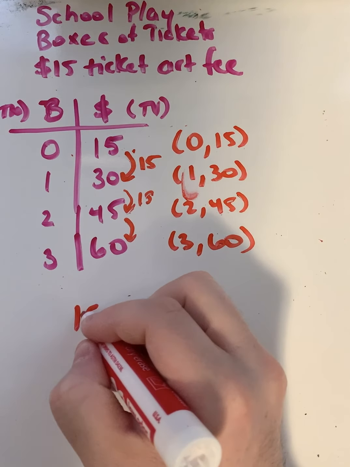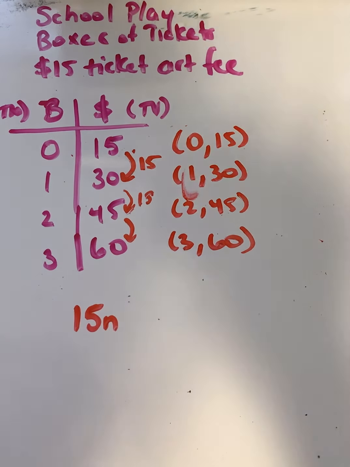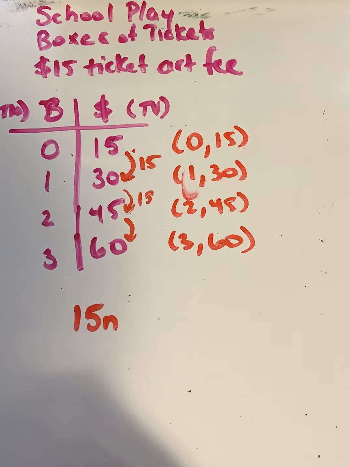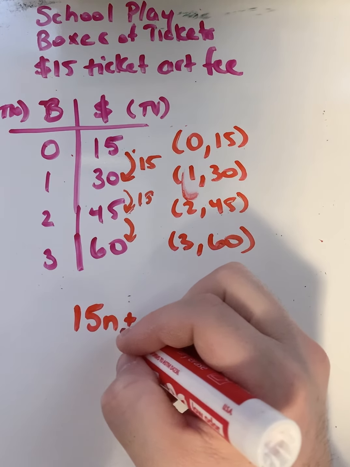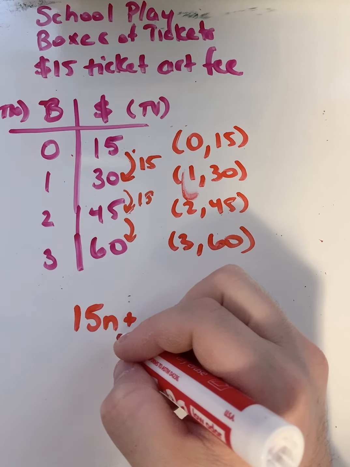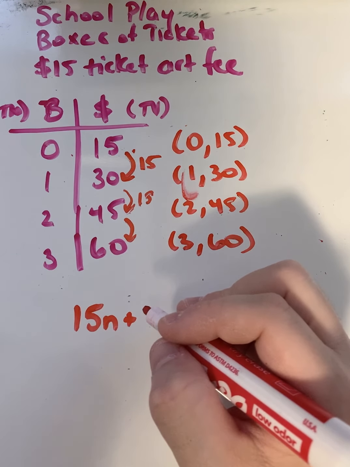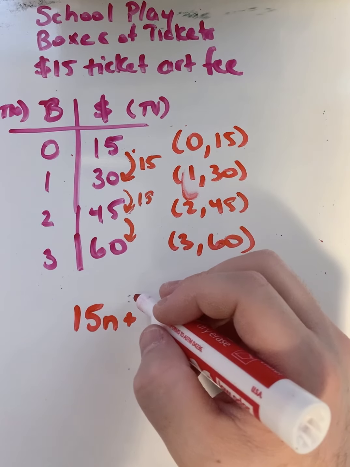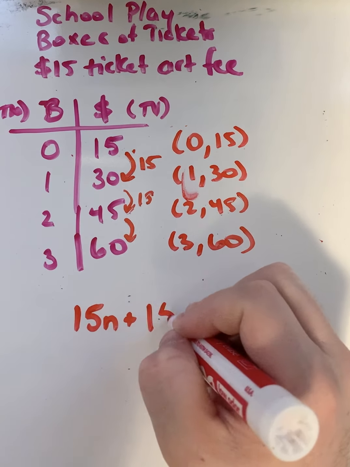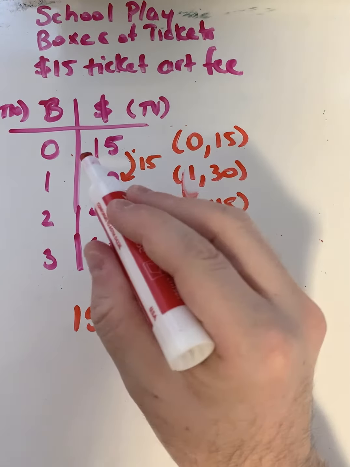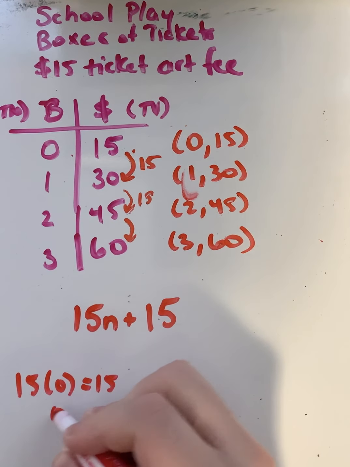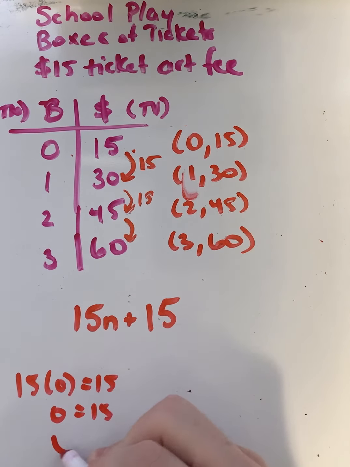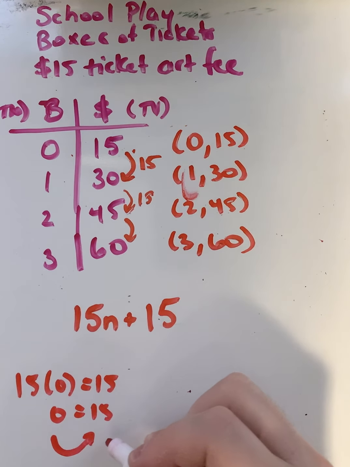So it's going to be 15n plus what? Plus automatically what? Well, there's automatically a $15 fee, right? So if I did 15 times 0 should equal 15. It would be 0 equals 15, which means that I still need that art fee.